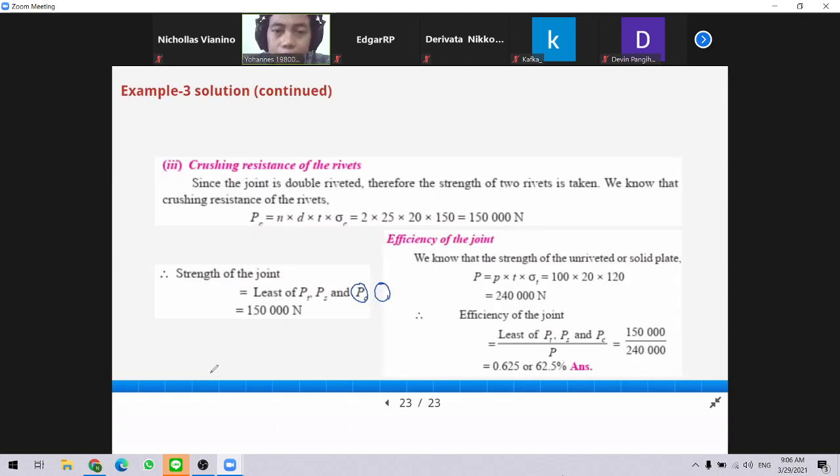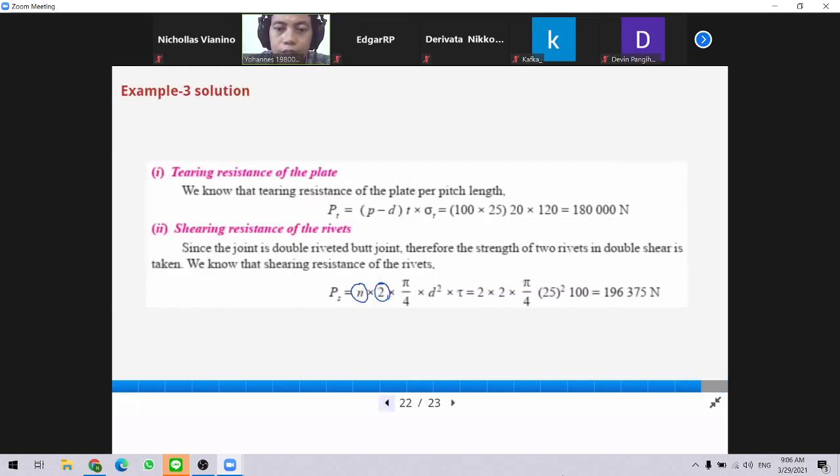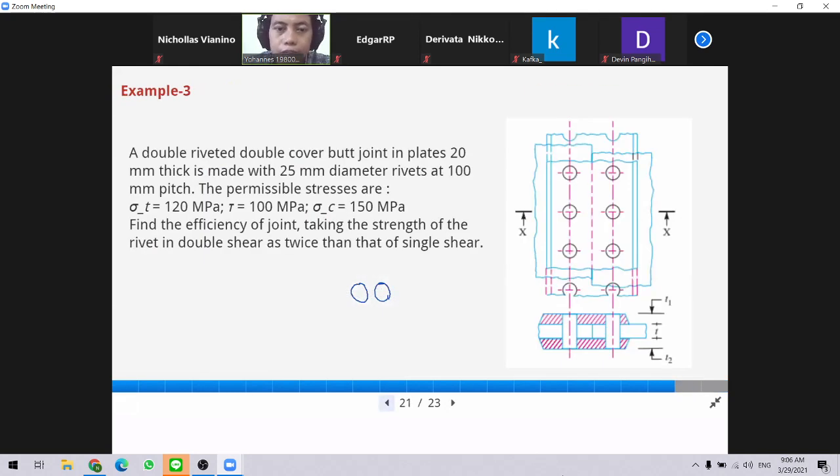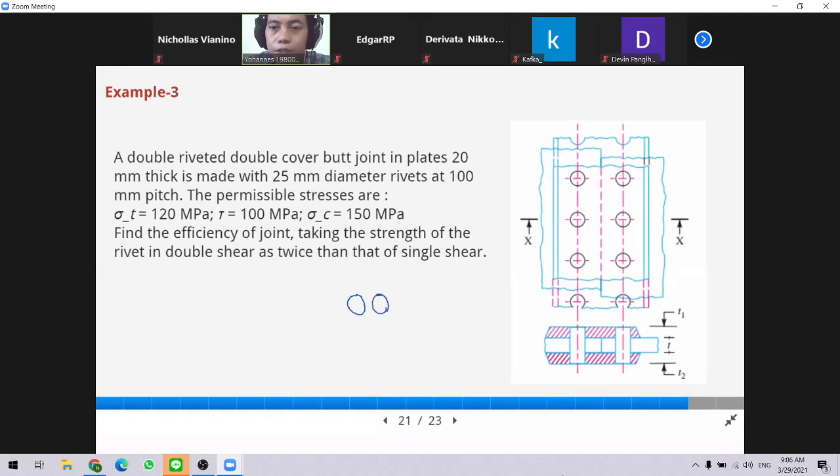Next is the crushing resistance. So now we have two crushing areas. It is clear from the figure that we have two crushing areas because we have two columns. So for single pitch here we have two crushing areas for each rivet.